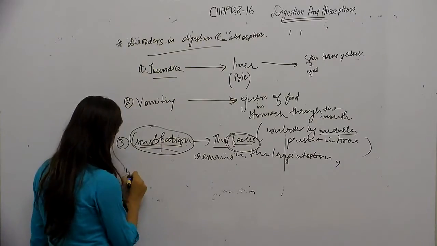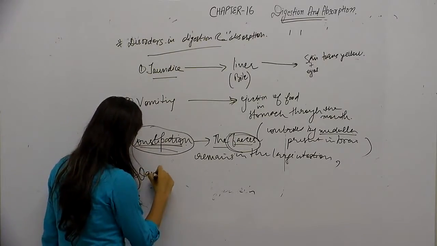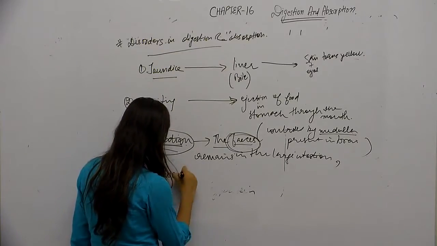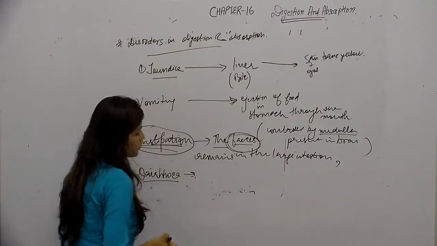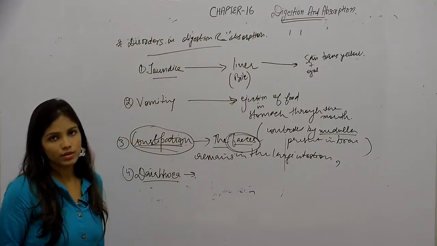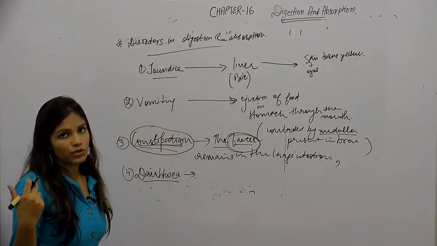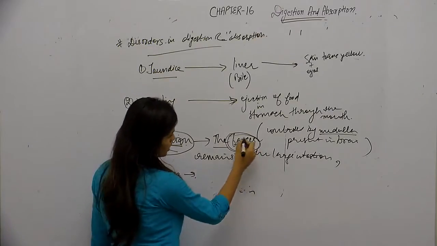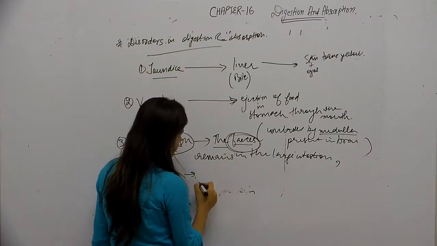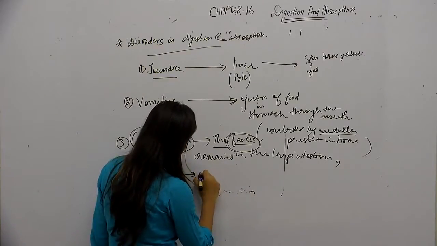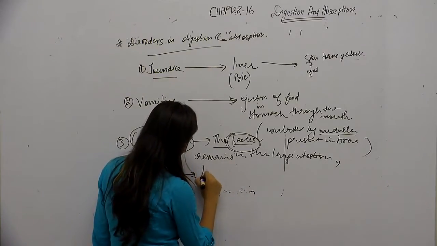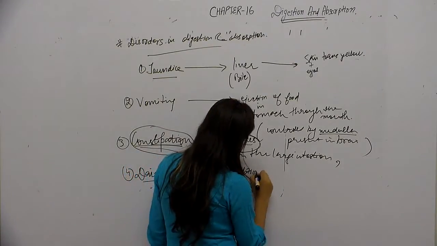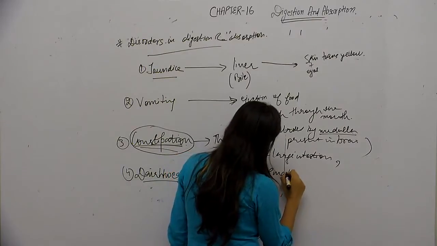Now comes the fourth one, which is diarrhea. What happens in diarrhea is the content of the water increases. So that is why the feces becomes liquidy. More amount of water, less absorption of water occurs.